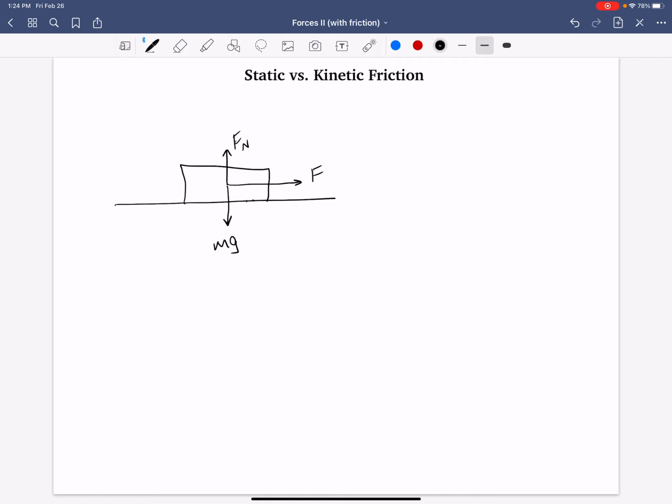All right. So actually, I should say before the applied force was there, if the box was just sitting there statically, not being touched externally, there's still friction, right? A completely frictionless surface down here is really an idealization.